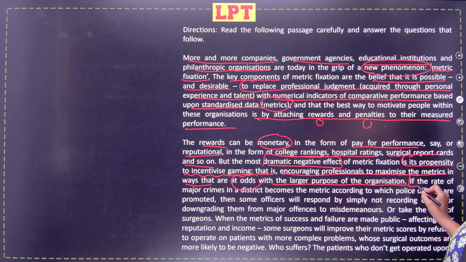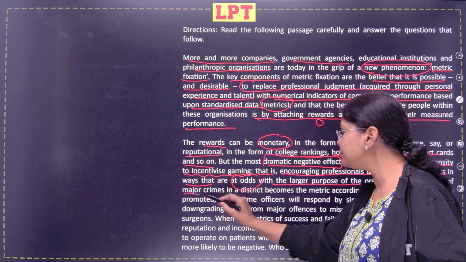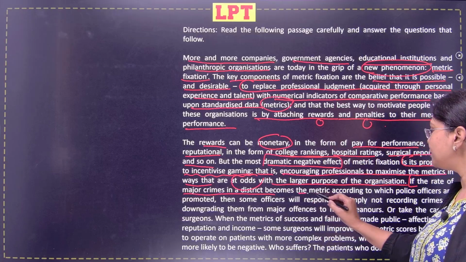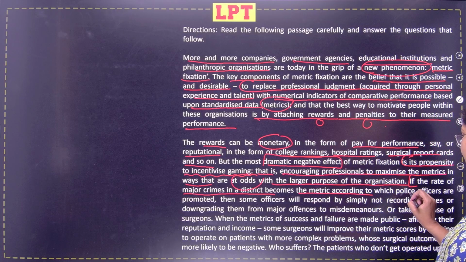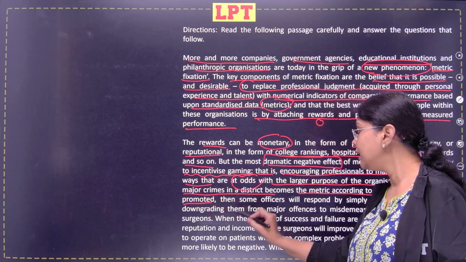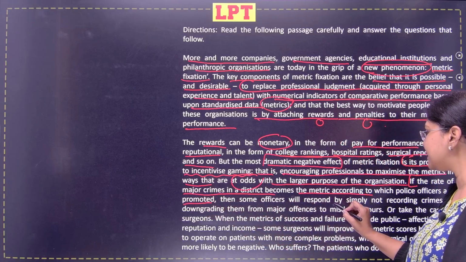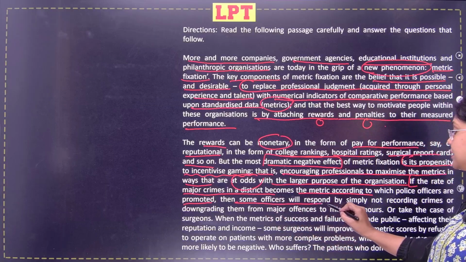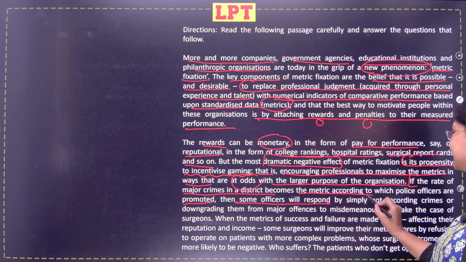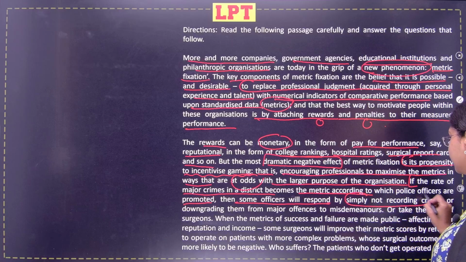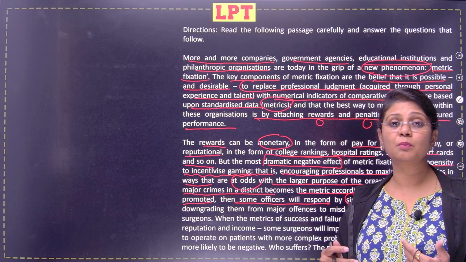It says, if the rate of major crimes in a district becomes the metric according to which police officers are promoted, then some officers will respond. It is saying what? Some officers will respond by simply not recording crimes. Now, this is again something which is counterproductive.